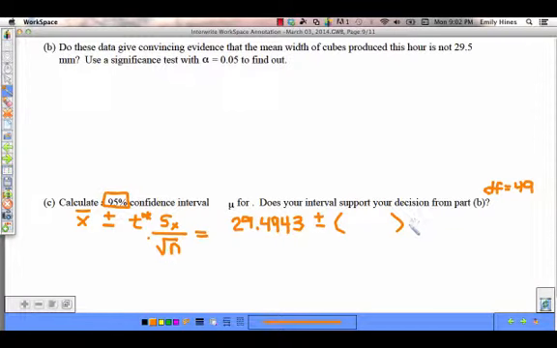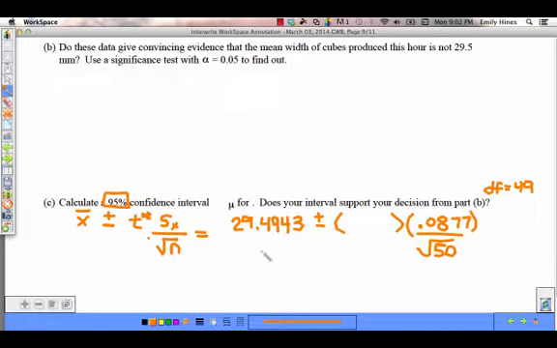And I know that my standard deviation of my sample would be 0.0877 divided by the square root of 50. And now all we're missing is our critical value. Notice this is the standard deviation of my sample. This is my sample size. Okay, square root of my sample size.